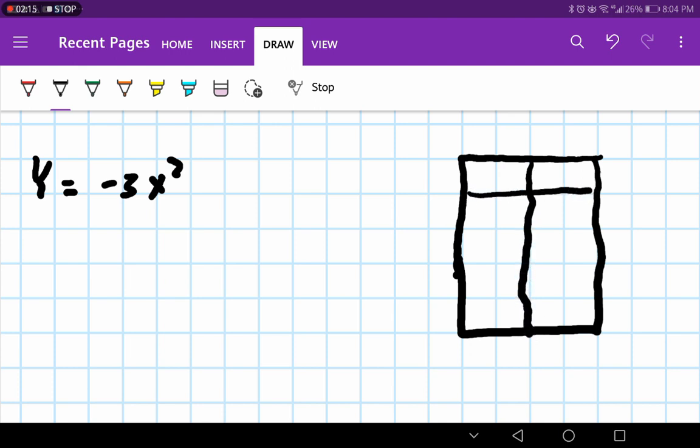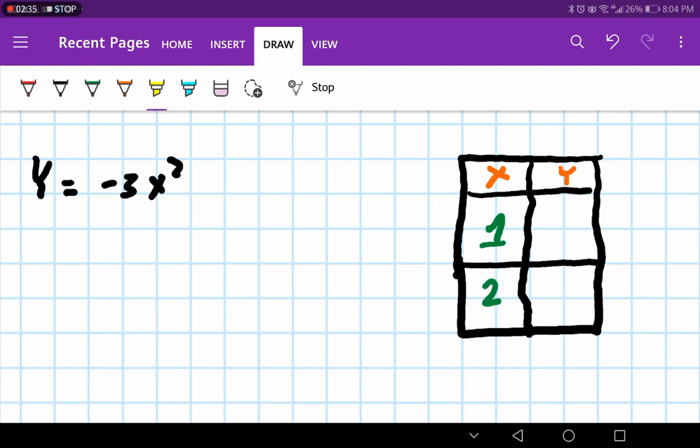This is the x and this is the y. Actually I will take only 2 values, because I will take 1 and 2.